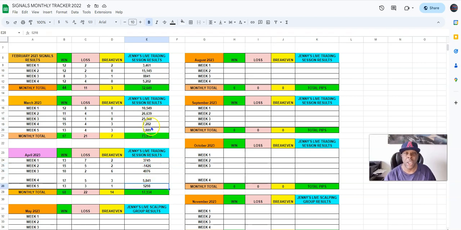In 14 weeks of trading, this was the one that they had a losing week. And look, it was the smallest of them all. 14 weeks straight, and they only had one losing week, and it was a tiny one. Look at this number compared to everything. Are you seeing what I'm saying, you guys? And that's in the live sessions. So either way it goes, we're helping people to win.